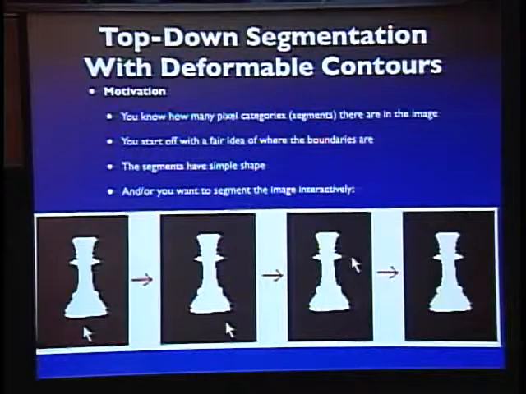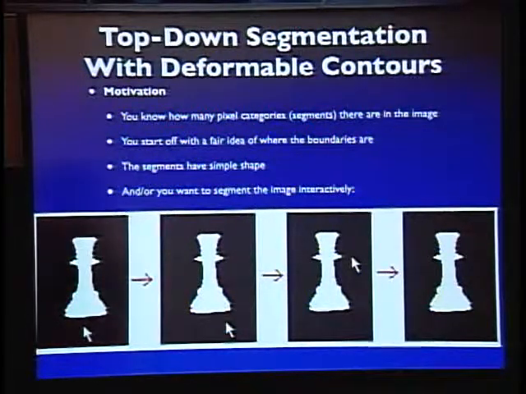So basically, deformable contours, like I said, in top-down segmentation, you start with some preconceived notion about how your categories of pixels are situated in the image.